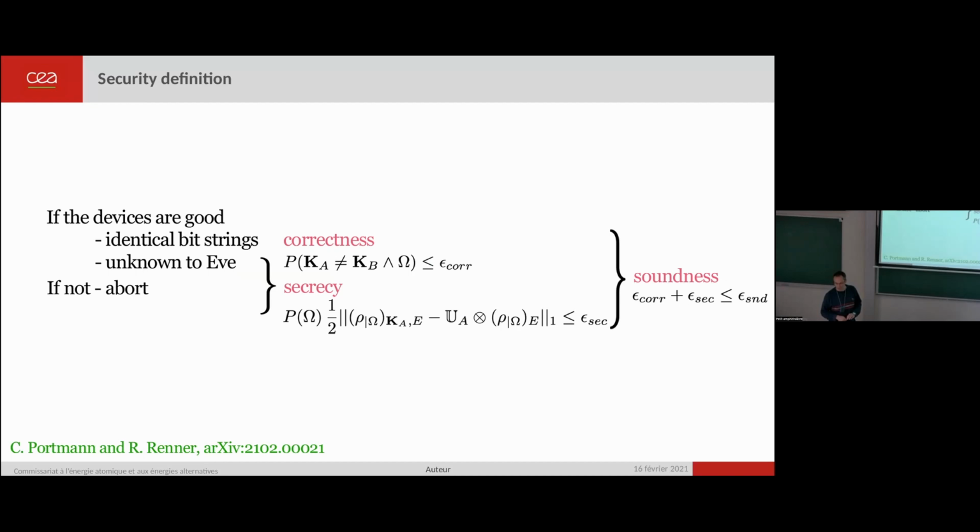So this means that in terms of distance, these two strings are really close, to 10 to the minus 10. So not even one bit can be known.